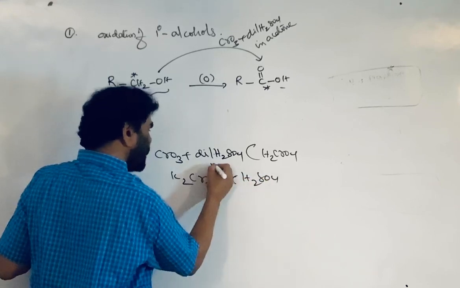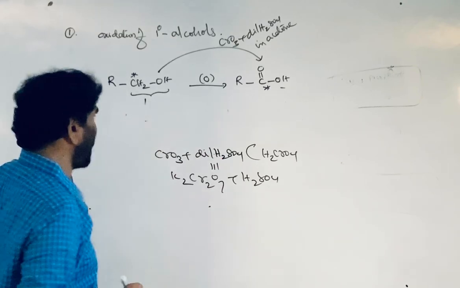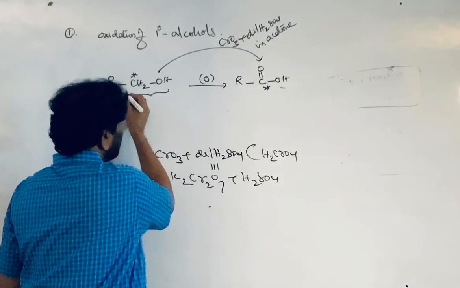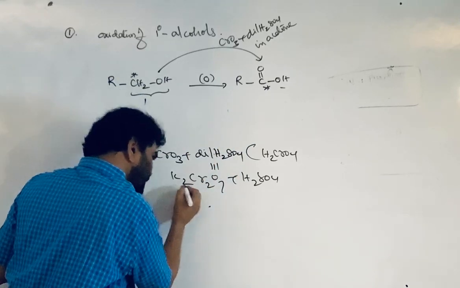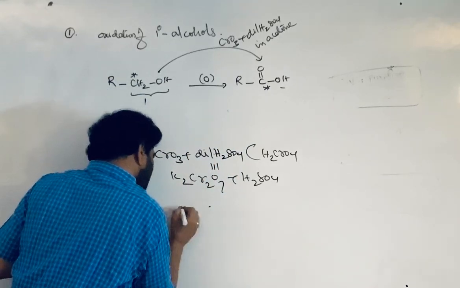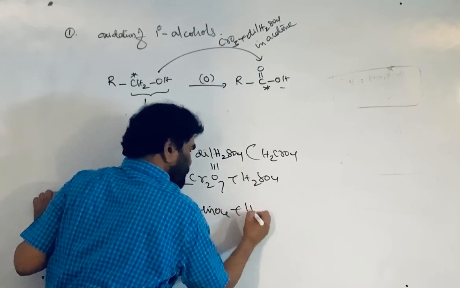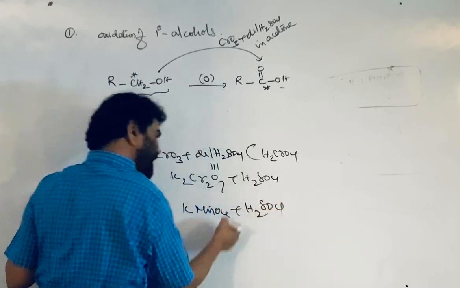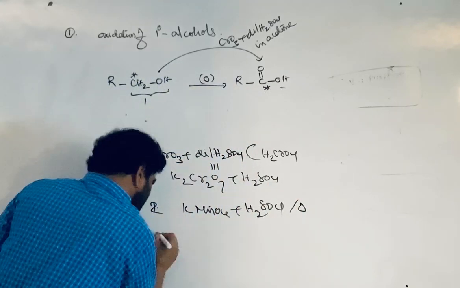All are equivalent: chromic acid in the presence of acid. Strong oxidizing agents convert primary alcohols into carboxylic acids. The second one is KMnO4 plus H2SO4, and acidified potassium dichromate on heating converts primary alcohols into carboxylic acids.